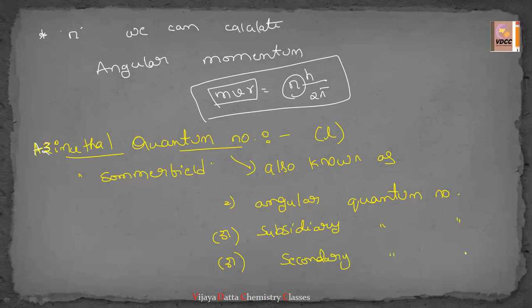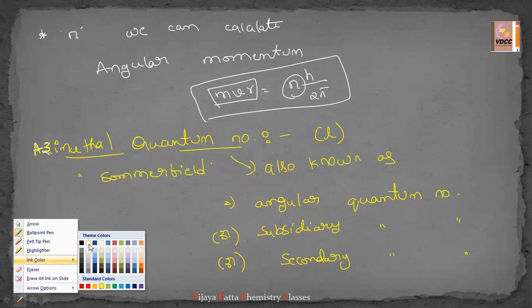These are the other names for the azimuthal quantum number. It was proposed by Sommerfeld, and it is represented with the small l.